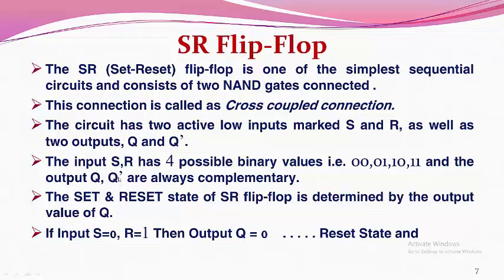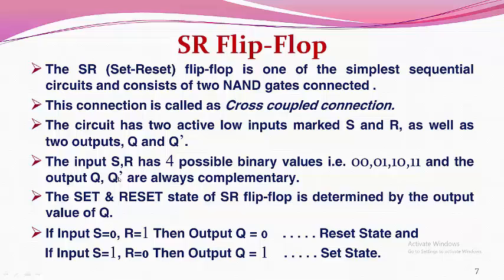It means if input value S equal to 0 and R equal to 1, then output equal to Q. It means we have stored binary value 0 in the SR flip-flop, and at that time this SR flip-flop will be in the reset state.